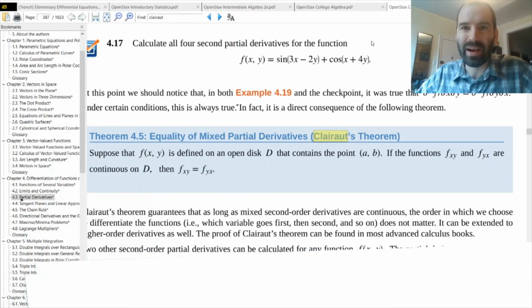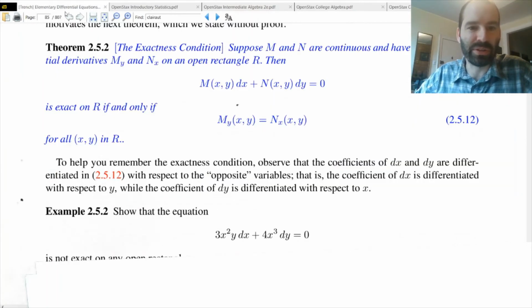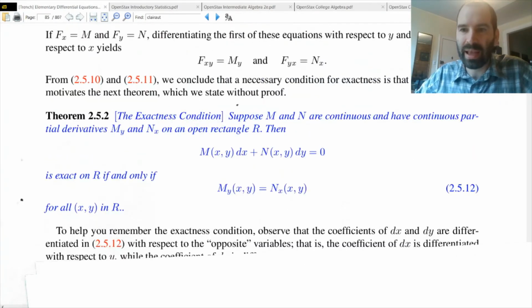But let's go back to the differential equations textbook that we're using. Here's the theorem that I'm talking about. It's theorem 2.5.2, and this is exactly what we were saying. If M and N are continuous and have continuous partial derivatives, then this is exact if and only if we have this equality.